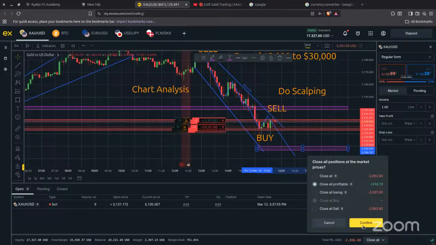Oh, might force us to wait a bit. So let's wait. That's what trading is. But I just don't like looking at it when it's going against me.